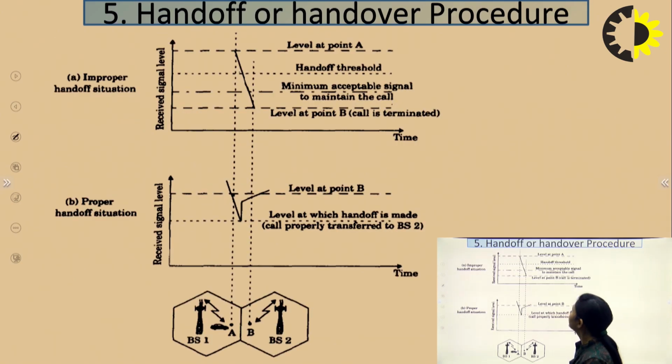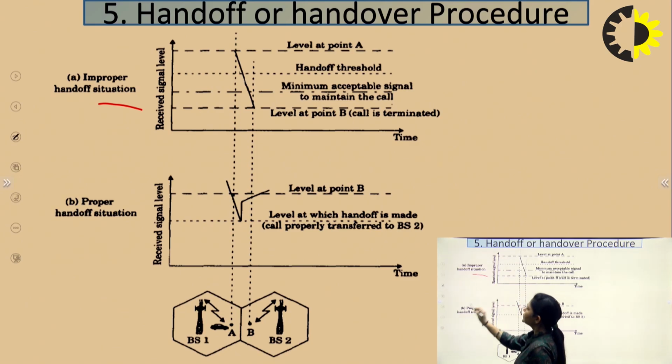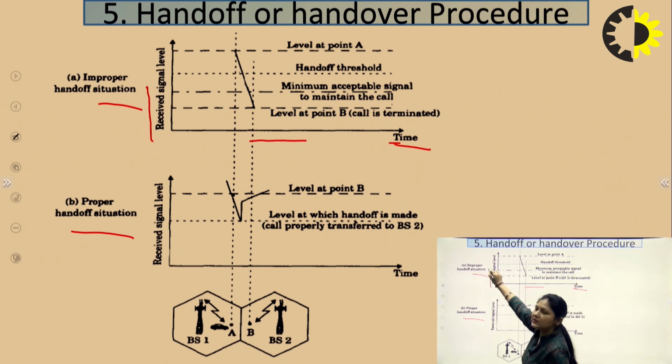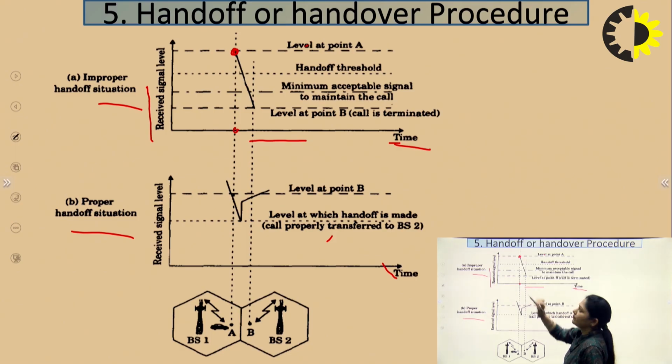You can see this diagram. It will be more clear from this diagram if I talk about the improper handoff situation and the proper handoff situation. In the improper handoff situation, on the x-axis we have the time, and this is the received signal power. This is the signal power at point A at this particular time.